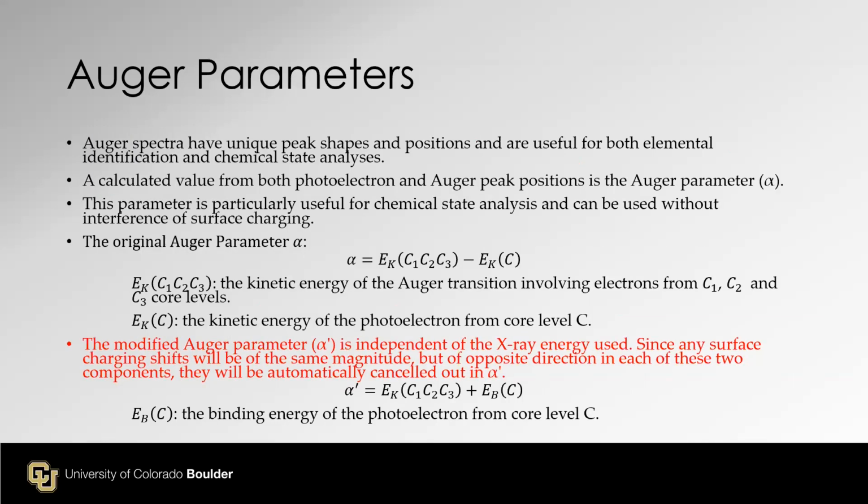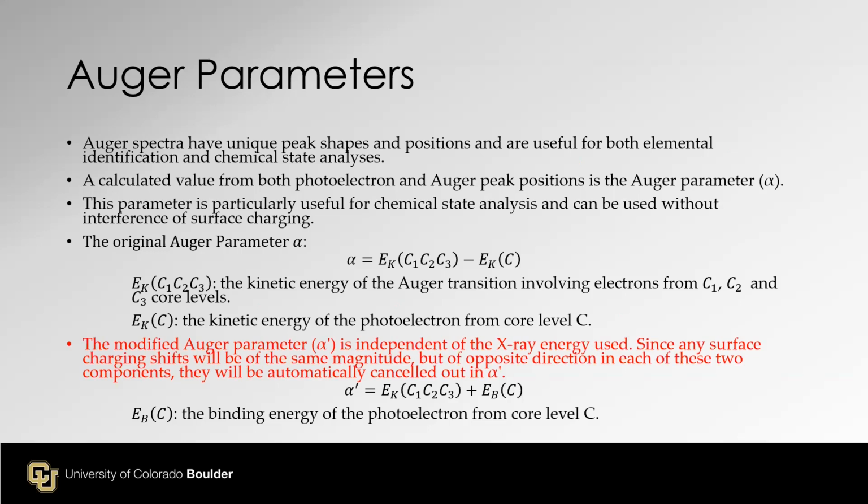Auger parameters. The modified Auger parameter, alpha prime, can be used when you want to get accurate chemical binding state information.